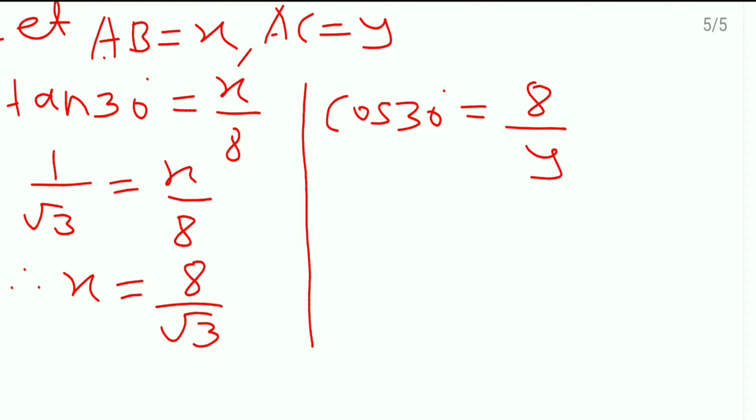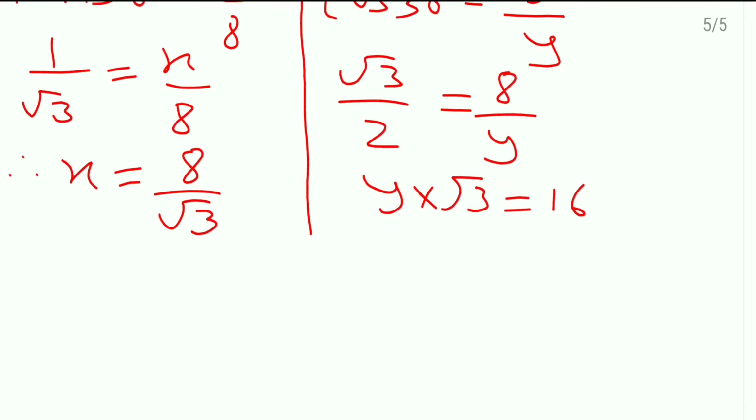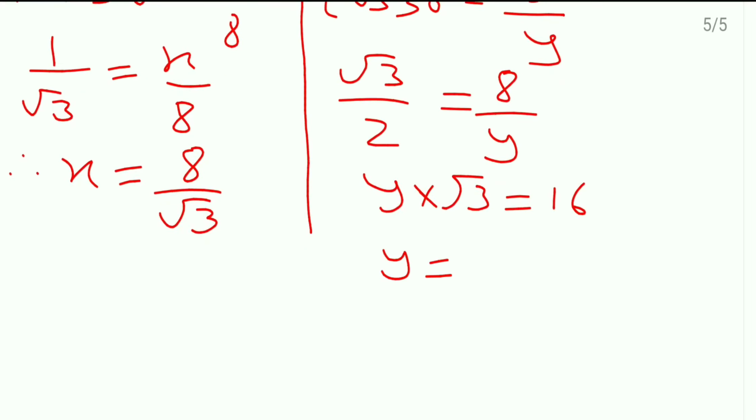Okay. So cos 30 is what? Root 3 by 2 which is equal to 8 by y. We'll do the cross multiplication and here y into root 3 which is equal to 16. Therefore, value of y comes as 16 by root 3.